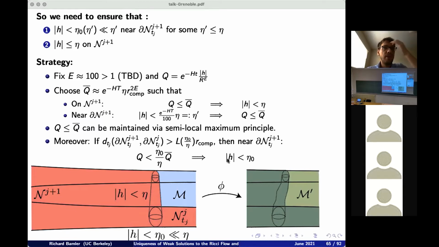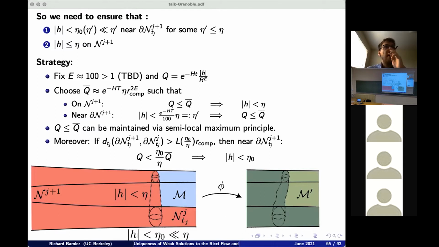Sorry, there was a question. How do we choose H and T? Maybe I should address this. I wanted to omit this issue a little bit. Capital T for me is just some time. I could set it equal to 1. This is the time of existence of the flow. Capital T is chosen in such a way that at capital T, that's the last time where we perform any of these operations.